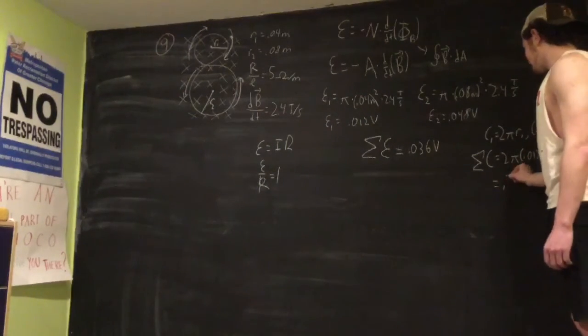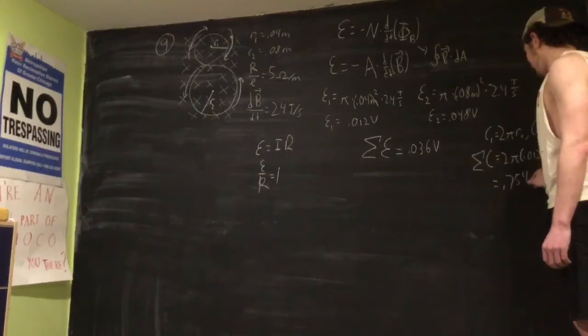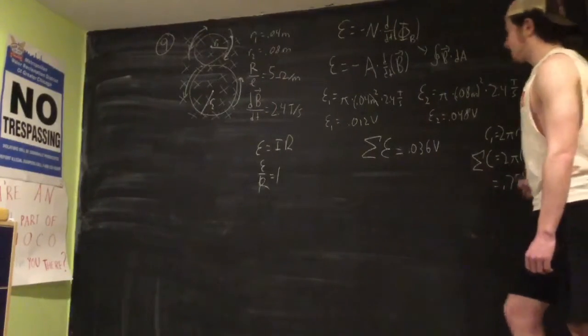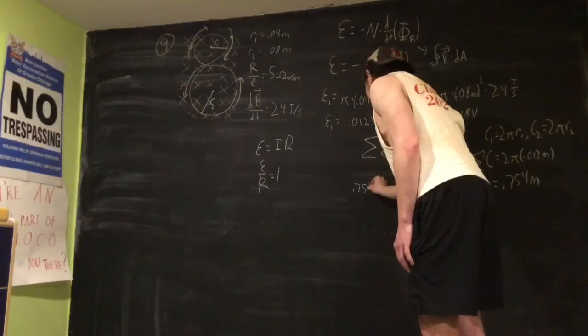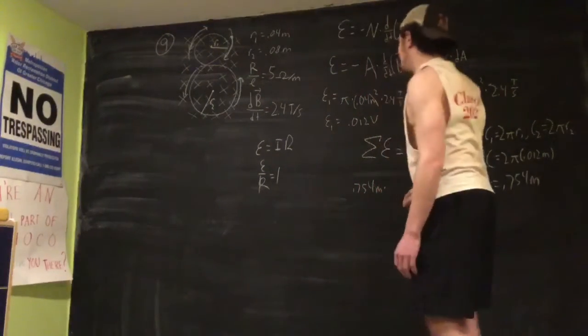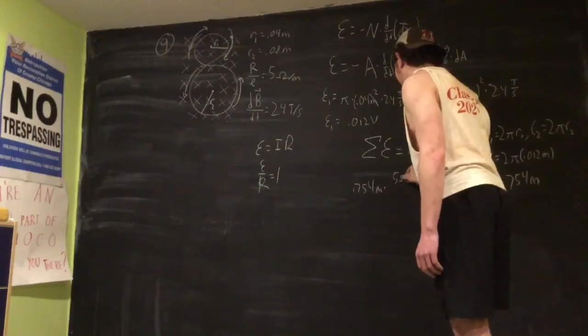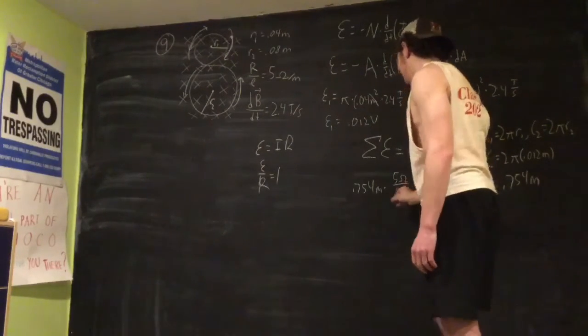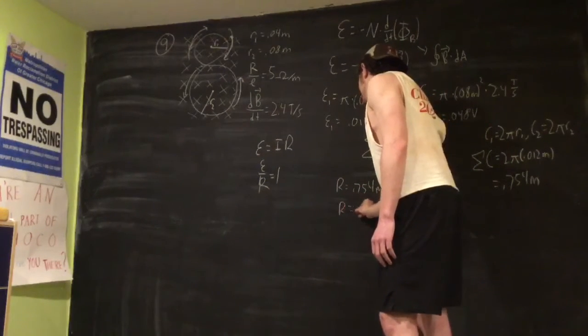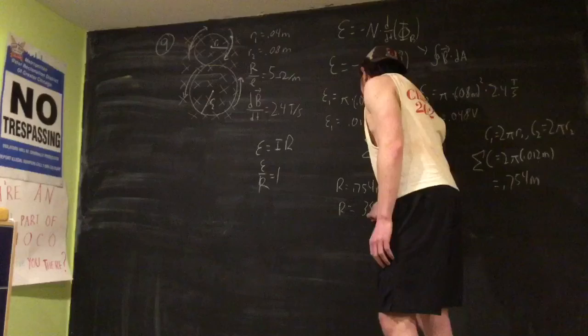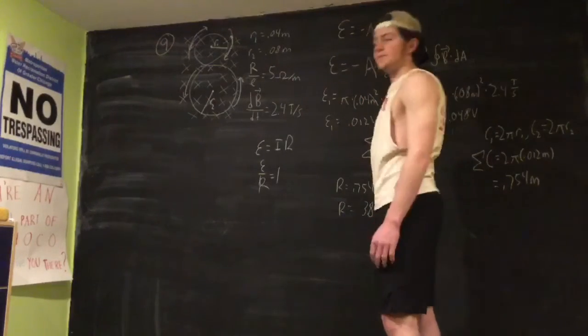And this is equal to 0.754 meters. So that's great. And now we got to multiply 0.754 meters times 5 ohms per meter, which is the resistance, to get a net resistance of 3.8 ohms.